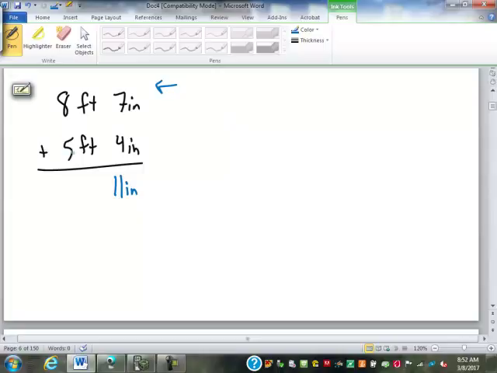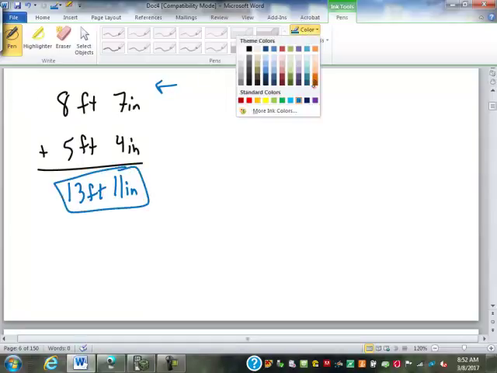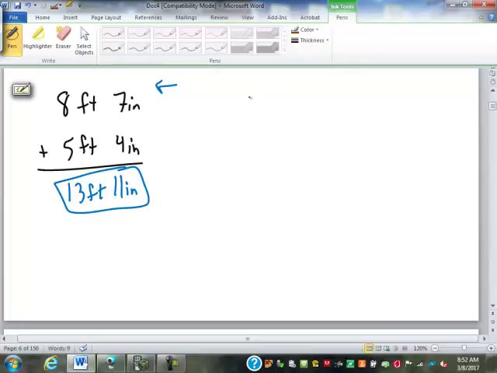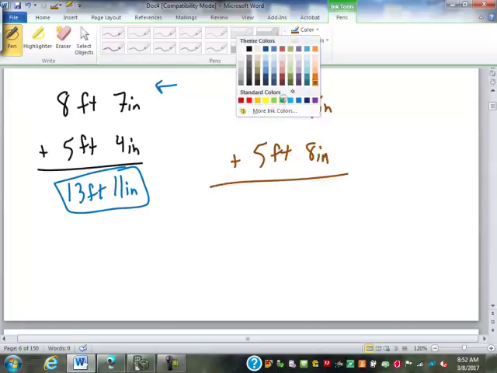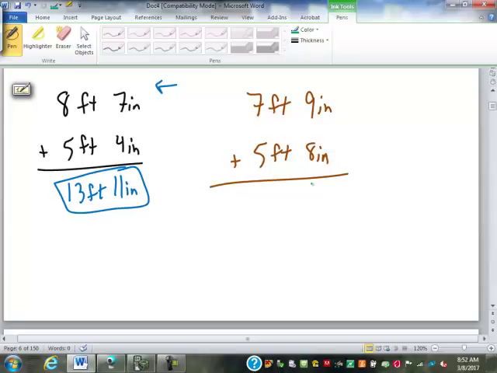So now 8 feet and 5 feet make 13 feet. So it's 13 feet, 11 inches. Now, as we've seen, it does not stay that simple. So we're going to have 7 feet, 9 inches plus 5 feet, 8 inches. And we add 9 inches and 8 inches make 17 inches.